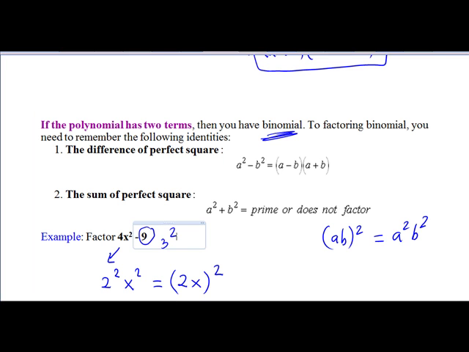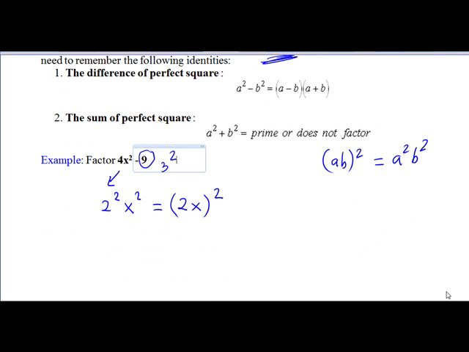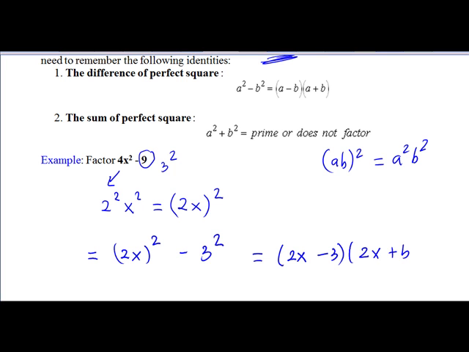So you see the whole problem here can be rewritten as 2x squared minus 3 squared. So you see we do have this identity here, where a is 2x and b is 3. So now I'm using that formula to factor and get 2x minus 3 times 2x plus 3.